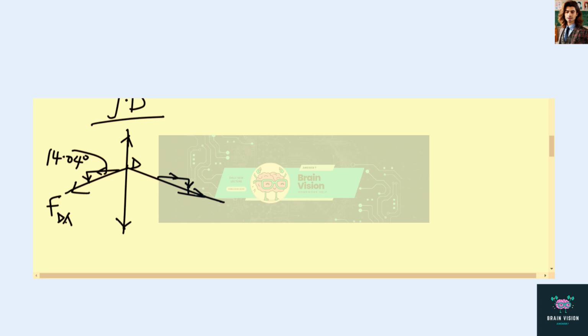Same thing here, this one is 14.04 degrees. These are F subscript DB going to joint B, F subscript DC, and this is P.